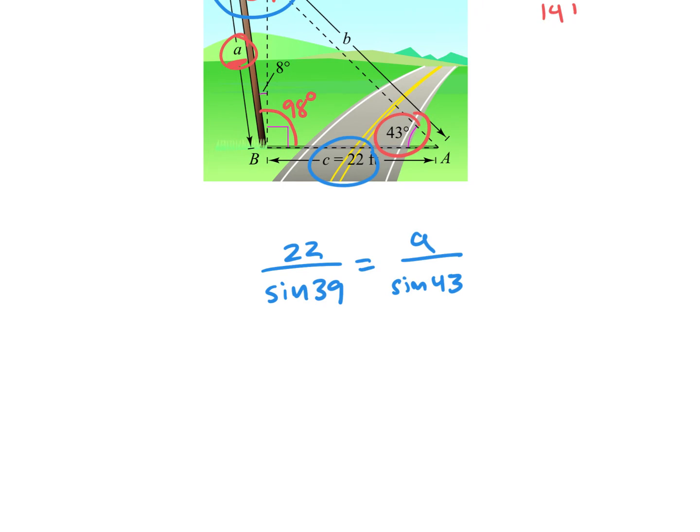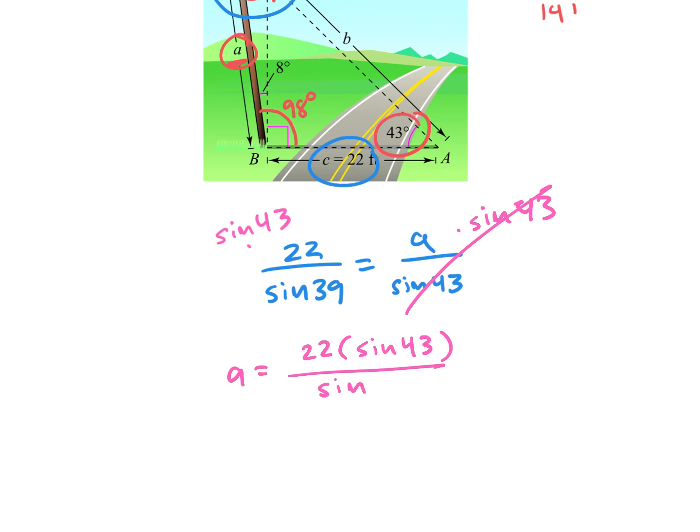So I'm going to multiply both sides by sine of 43. So it'll cancel out there. So I have A is equal to 22 times sine of 43 divided by sine of 39.